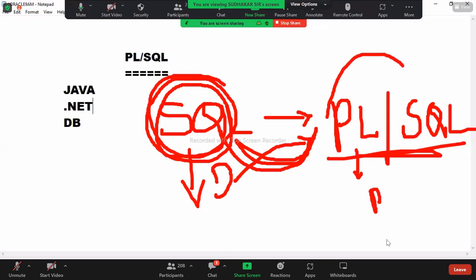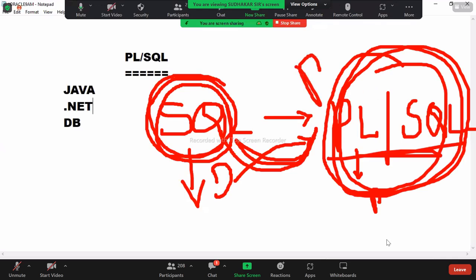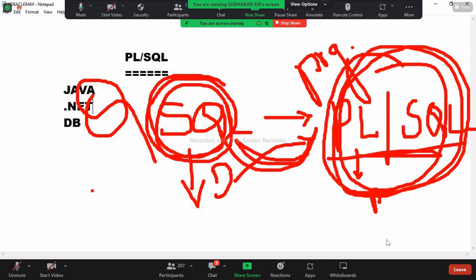PLSQL is just like Java, C++, C#.NET. It is completely programming knowledge. SQL is completely queries, where we simply write one line statements, but PLSQL is not like that. It's like programs, the way you write Java, C, C++, Python programs in your application.